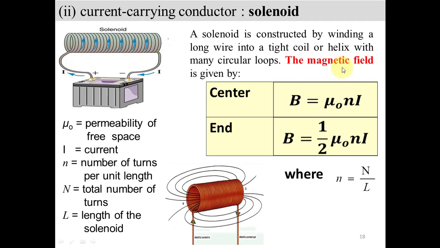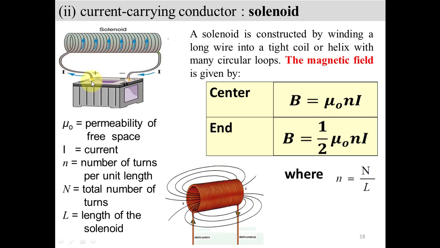So the magnetic field at the center of the solenoid is B equals mu naught n I. At the end of the solenoid, B equals half mu naught n I, where n equals N, the number of turns, divided by the length of the solenoid. This mu naught stands for permeability of free space. I is for current, n is the number of turns per unit length, N is the total number of turns, L is the length of the solenoid.